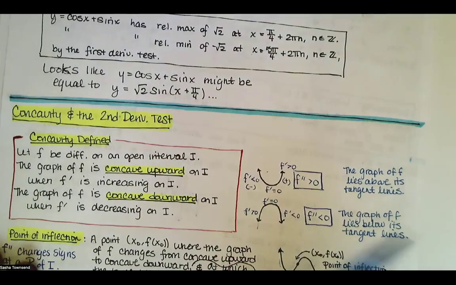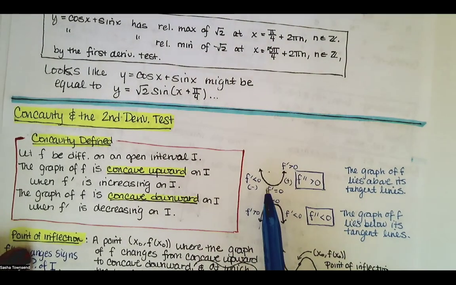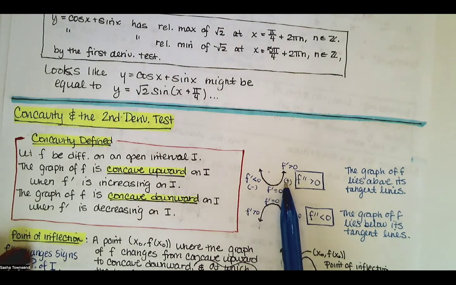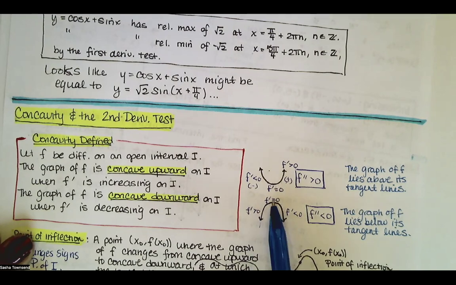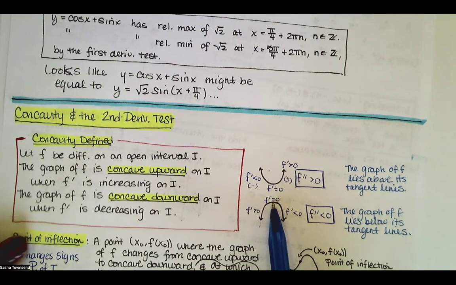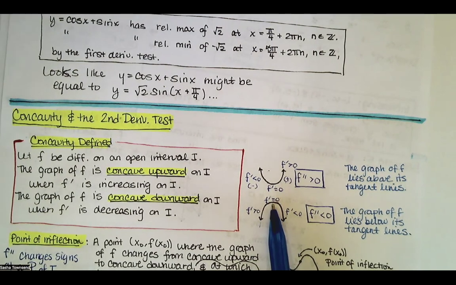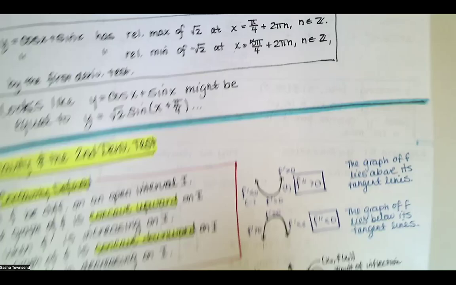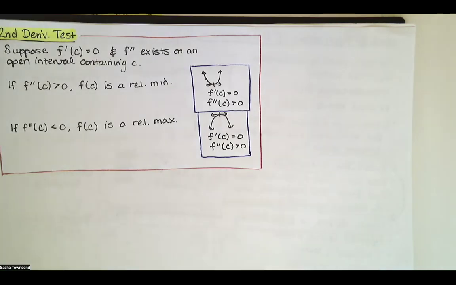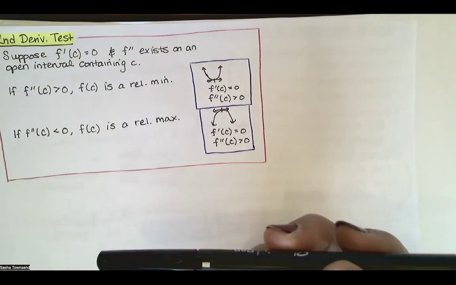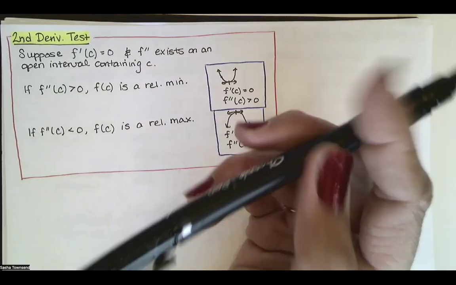Now, we already know that with the first derivative test, if our first derivative changes from negative to 0 to positive, we've got a relative min. Or if our first derivative changes from positive to 0 to negative, then we've got a relative max at that point where the derivative is 0. Well, the second derivative test is very similar, but instead of looking at how f prime changes signs, we look at the sign of f double prime at that location.